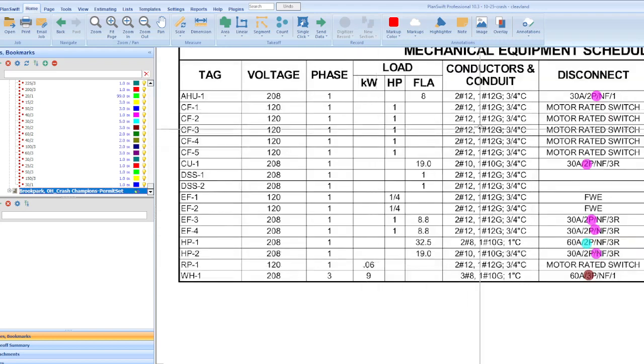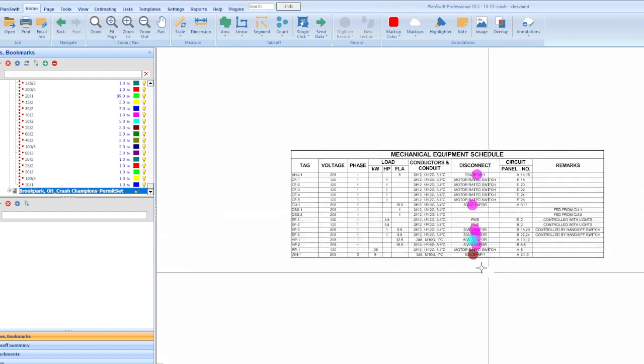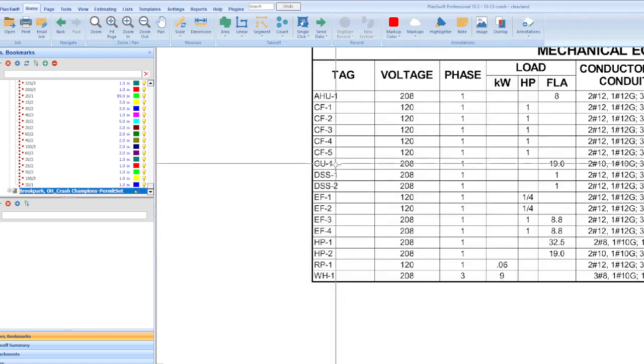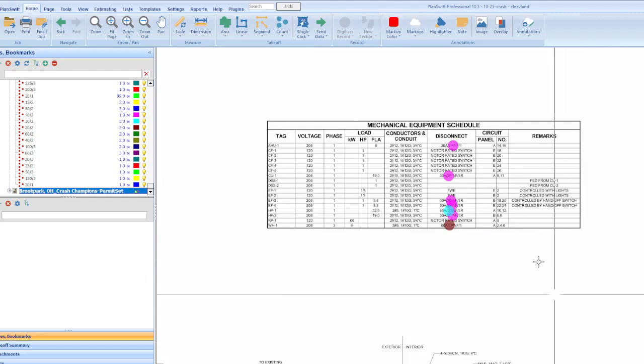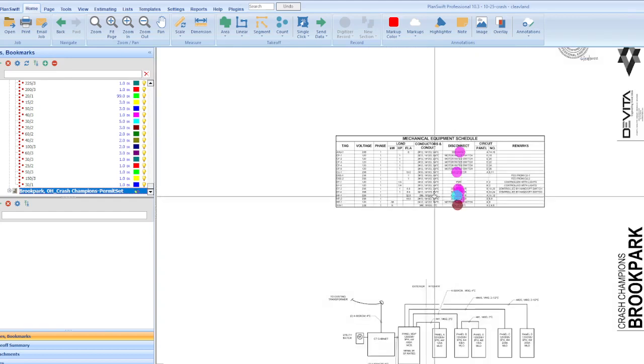Everything's not always 3 number 12s, depending on the piece of equipment, so that's why they give you that. Go back to the power plan, figure out where that piece of equipment is, and do your linear measure to the panel that it should be, and then say, okay, it's 3 times that distance, and then 1 times that distance for the number 10, and then a 1-inch conduit.